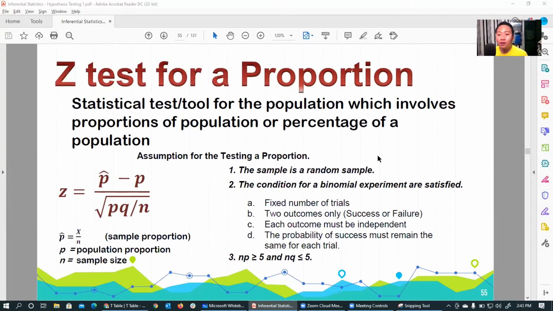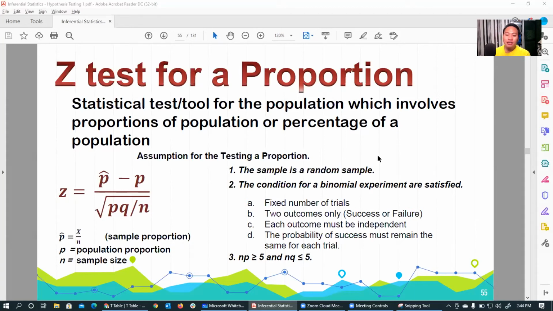Next, each outcome is independent, meaning whatever the result of the first experiment should not affect the result of the following experiment. And then the probability of success must remain the same for each trial. For example, if the first trial has a success probability of 1/2, the second trial should also be 1/2, and the third trial should also have 1/2 probability.